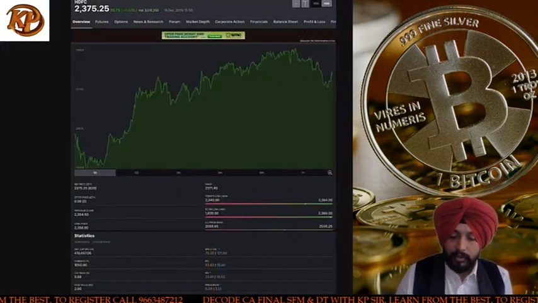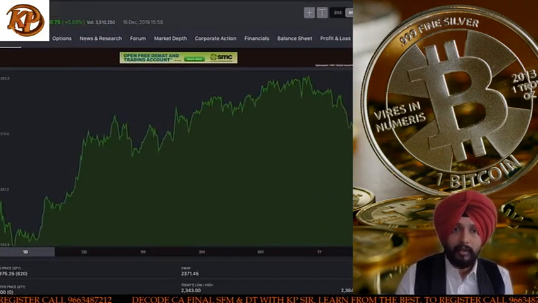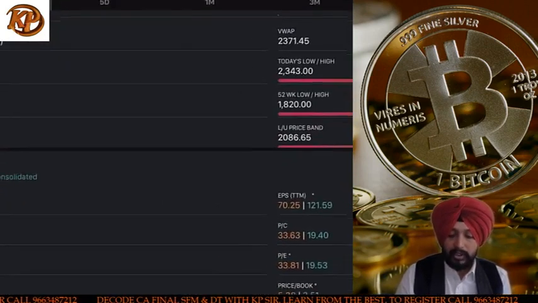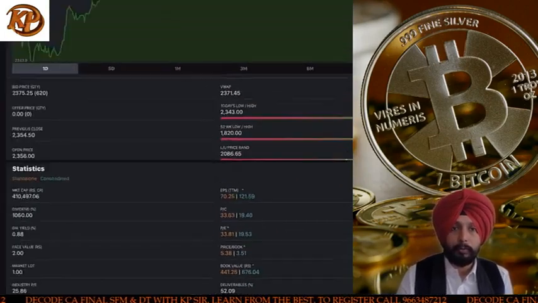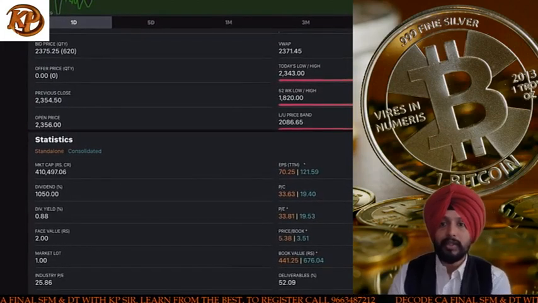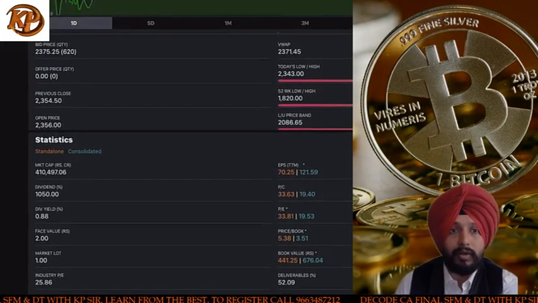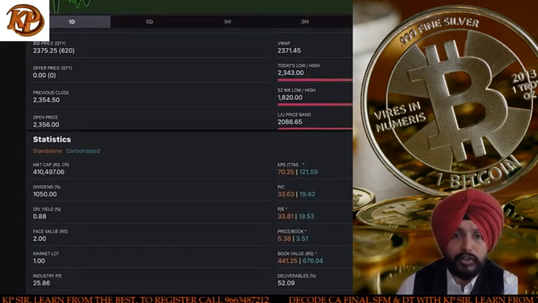Similarly, you can find it for other stocks, like this is HDFC, guys. What is the market capitalization for HDFC? If you look at the bottom, it is in statistics. If I open the statistics, it is 4,10,497 crores. That is the market capitalization for HDFC. Like that, the information is available for all the stocks.